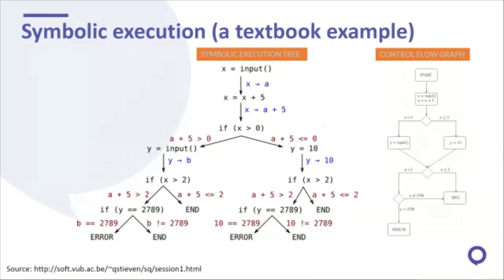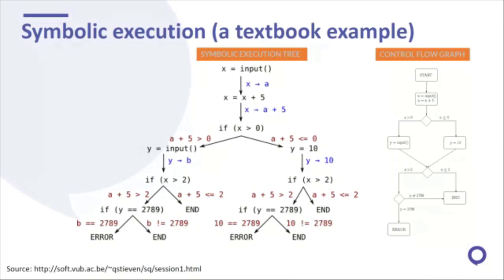On the left-hand side and on the right-hand side, you see the control flow graph of this example program. Try to ignore the left-hand side for now, which is a bit more involved. Let's first try to understand what this example program is doing.